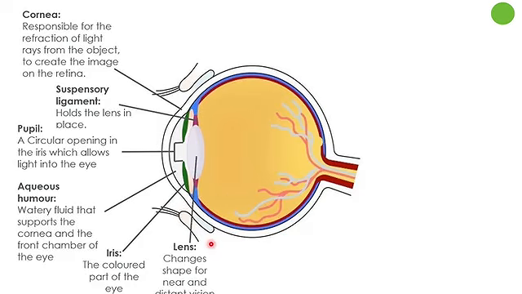Now the lens will change shape so that we can see different distances. So if we see an object close by, our lens will change shape, and if we look far, it will change shape again.